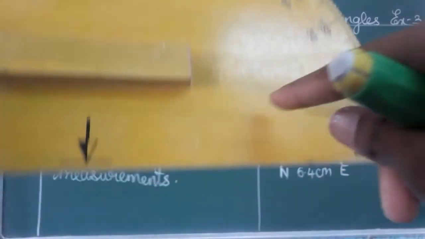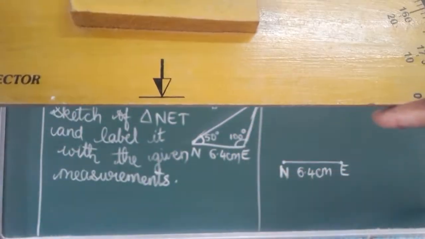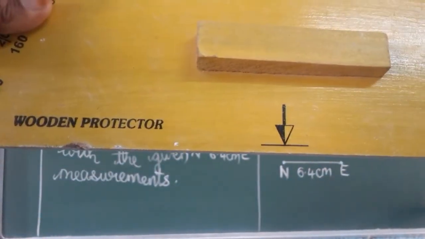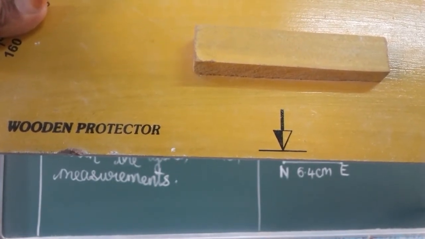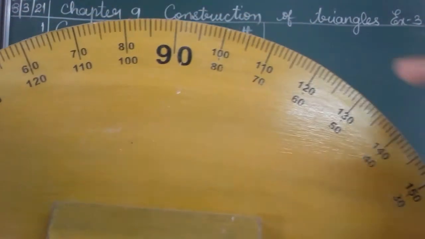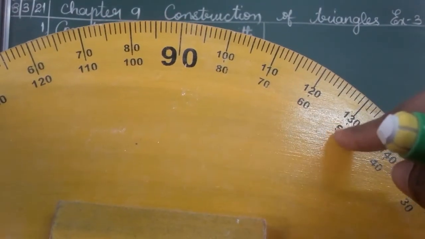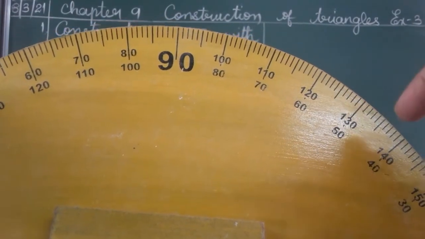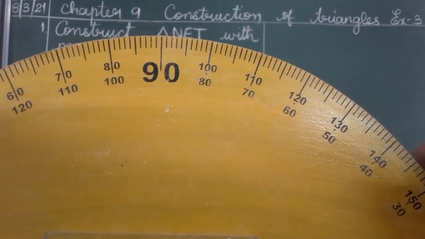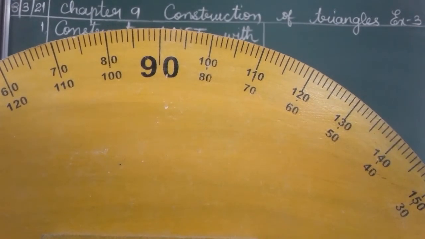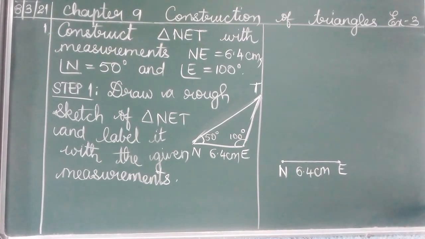Okay, 50 degrees. You know that the baseline should match with NE like this. You are able to see? And then mark 50 degrees. 50 degrees is here. You need to mark and draw a ray. Draw a ray NX.